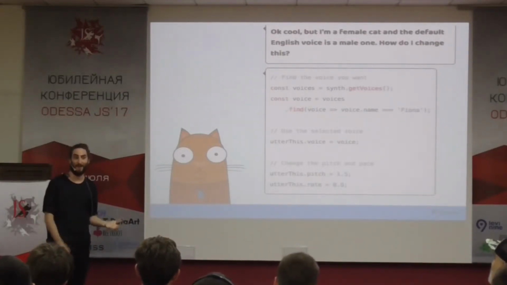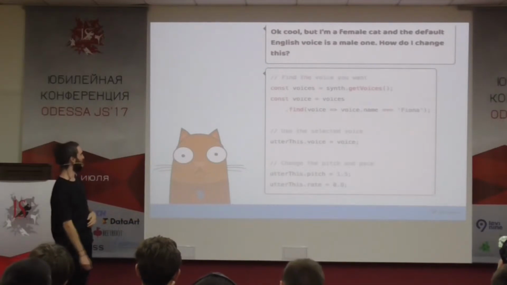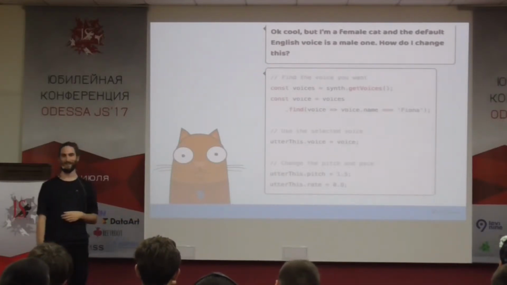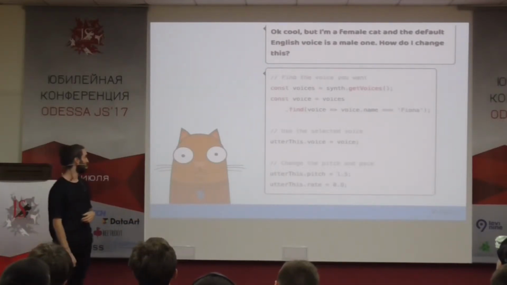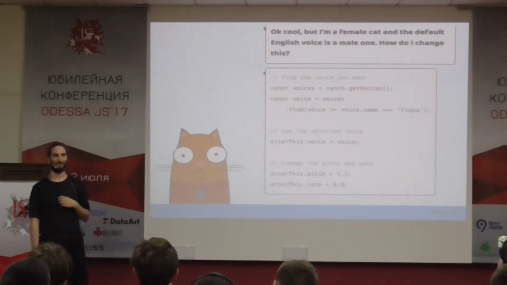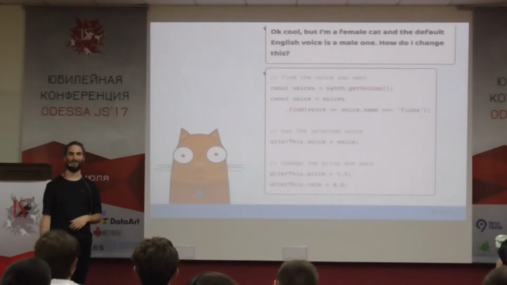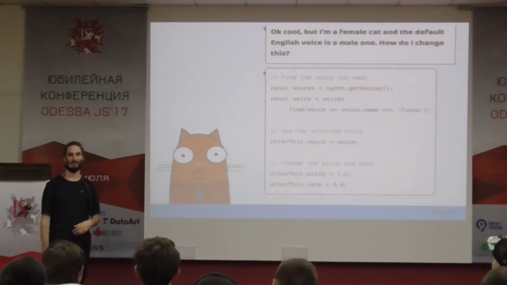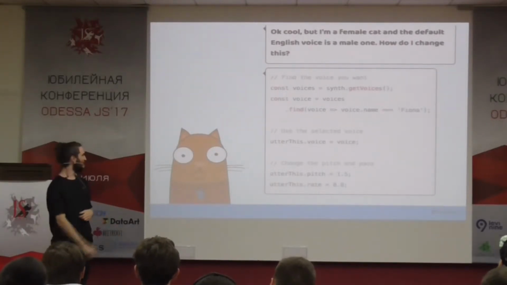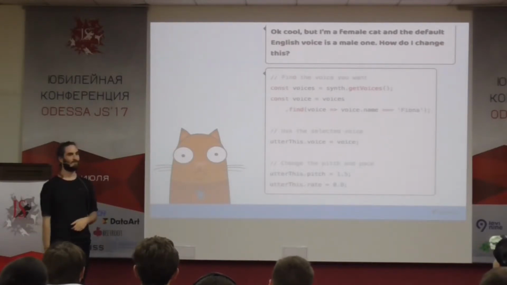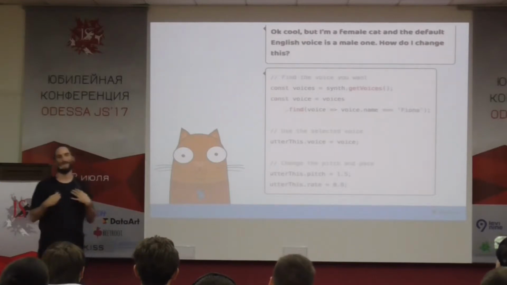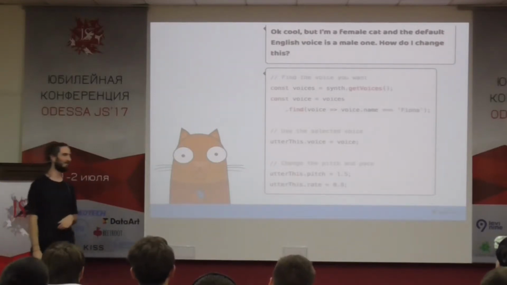So my cat is female, so it's a female voice. I chose Fiona because I like that voice the best. Cats have a really high voice because they're small animals, so I changed the pitch and raised it a bit. And cats are lazy animals, so I turned the rate a bit down so it speaks a little bit slower. And when you do this, this is better. Don't you think? You have a different voice, which in my opinion suits a cat better than the low male voice, which is the default.